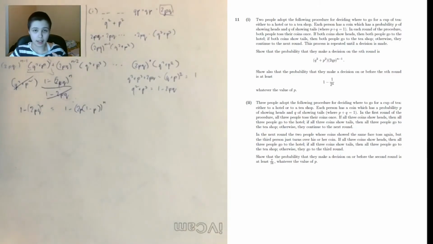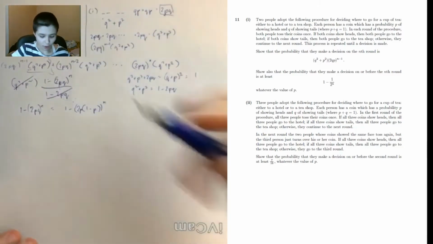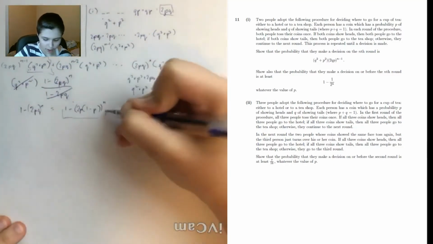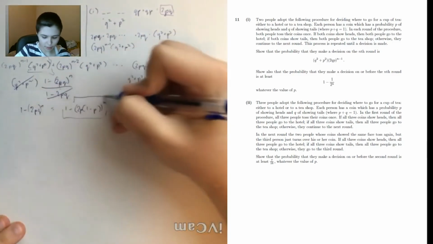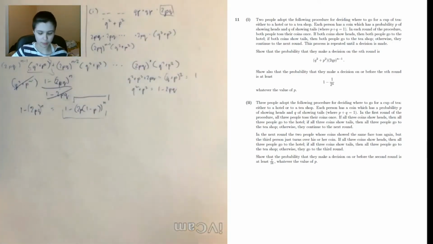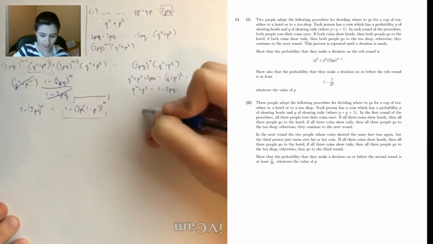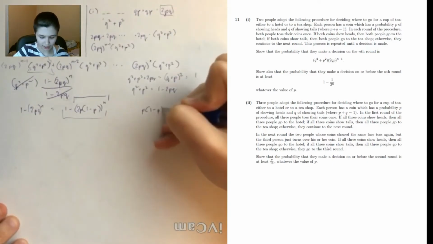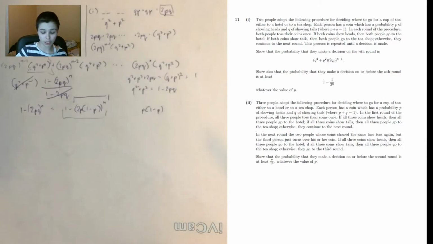And the minimum value of this is going to be when the maximum value of (2 times p times (1 minus p)) to the n happens. And the maximum value of that happens when p times (1 minus p) takes its maximum value, because then 2 times p times (1 minus p) is going to take its maximum value, and (2 times p times (1 minus p)) to the n is also going to take its maximum value.